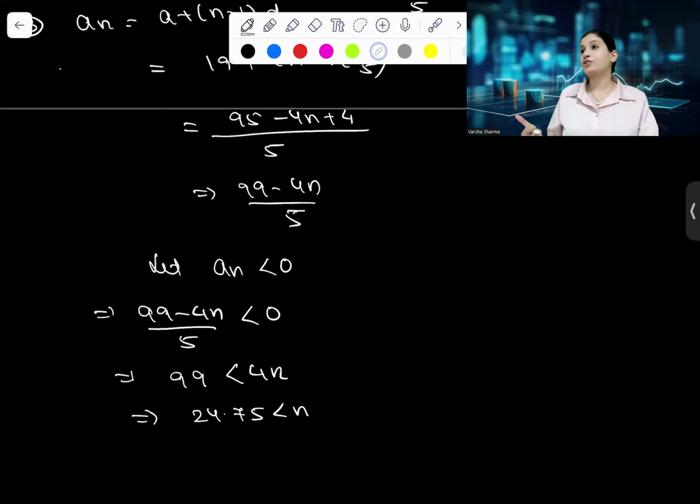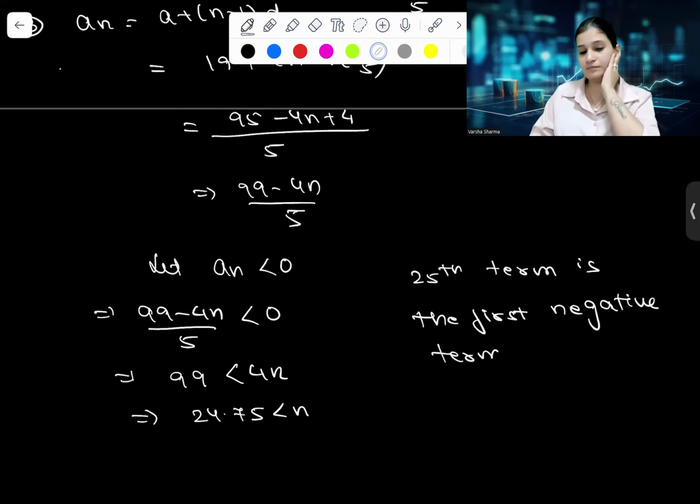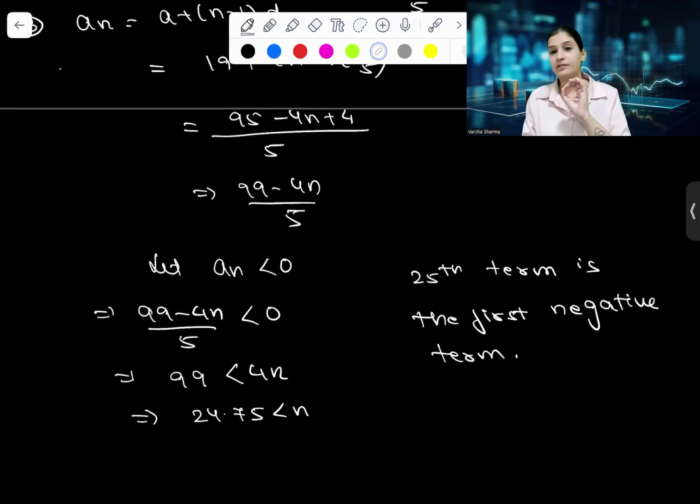So n is always a natural number and it is more than 24.75. That means the first value of n greater than this will be 25. So the 25th term is the first negative term. Clear? Yes, ma'am.